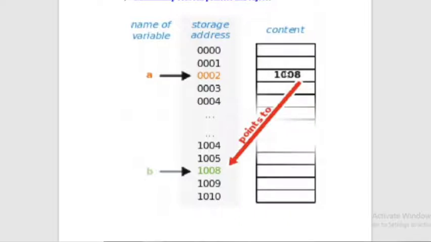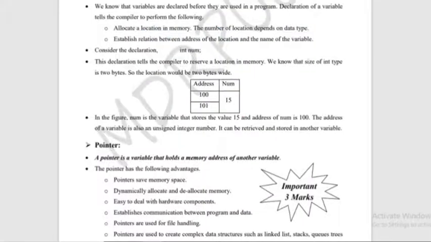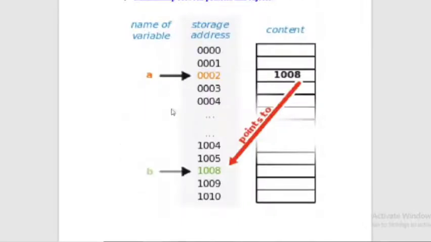Okay, so what is a pointer? A pointer is a variable, so you have to keep that in mind. It's a variable that holds a memory address of another variable. In this example it has two variables A and B, and the pointer is a variable that holds the address of another variable.